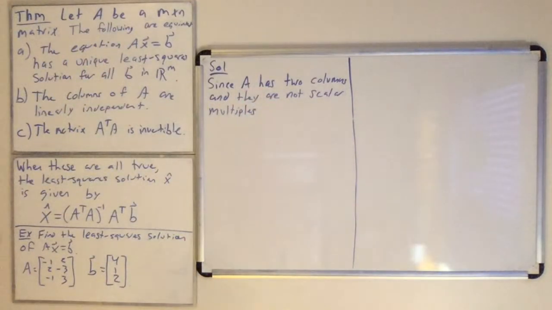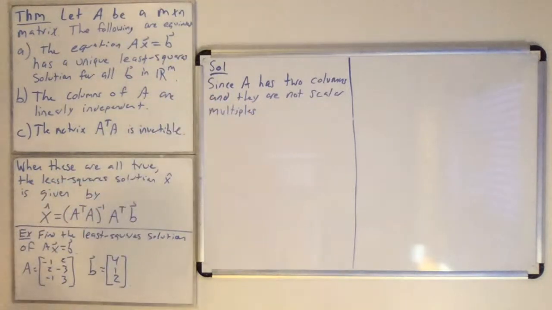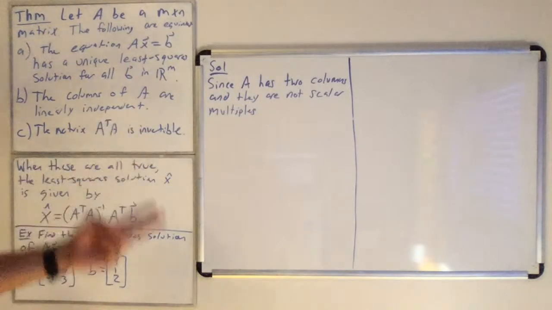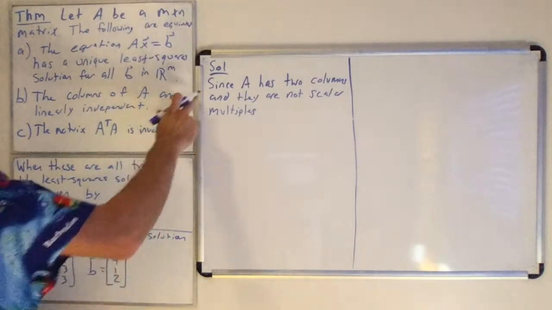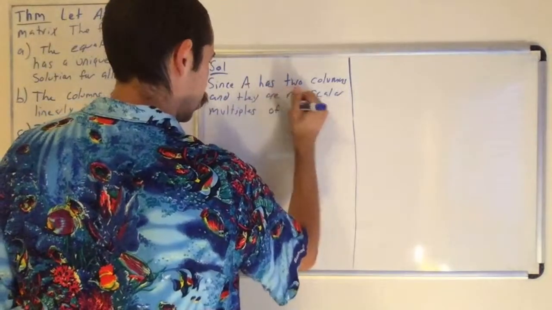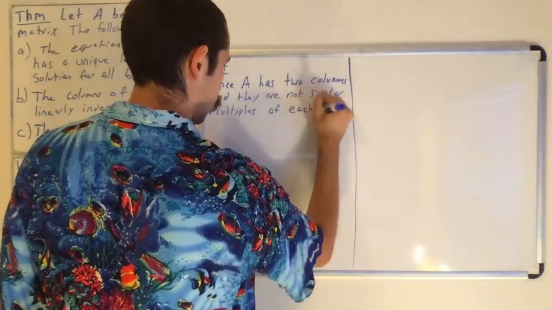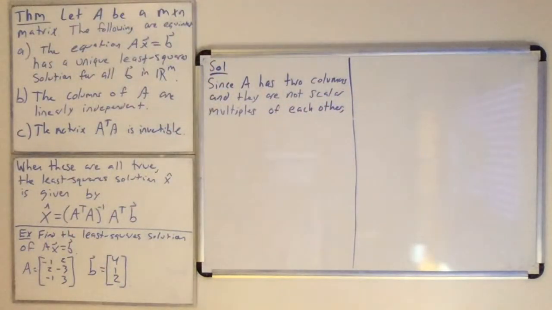Okay, well, I'll answer it. We know the columns of A are linearly independent since there's only two of them and they're not scalar multiples of each other. So the columns of A are linearly independent.